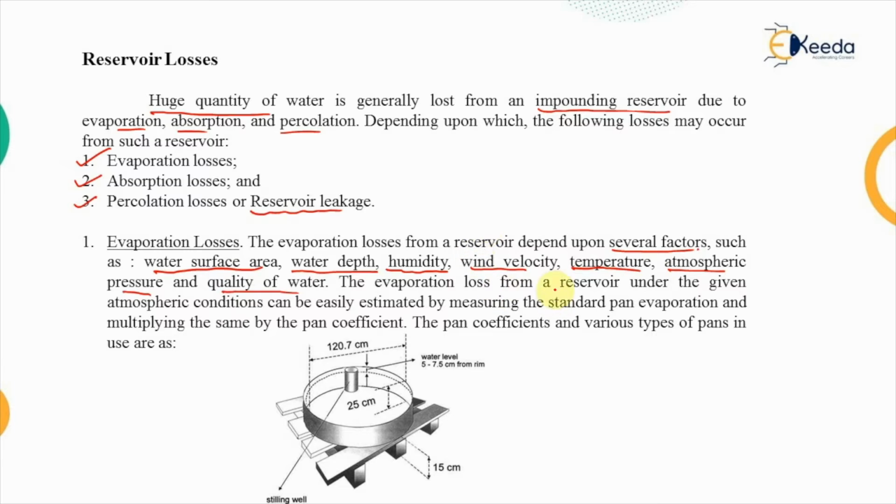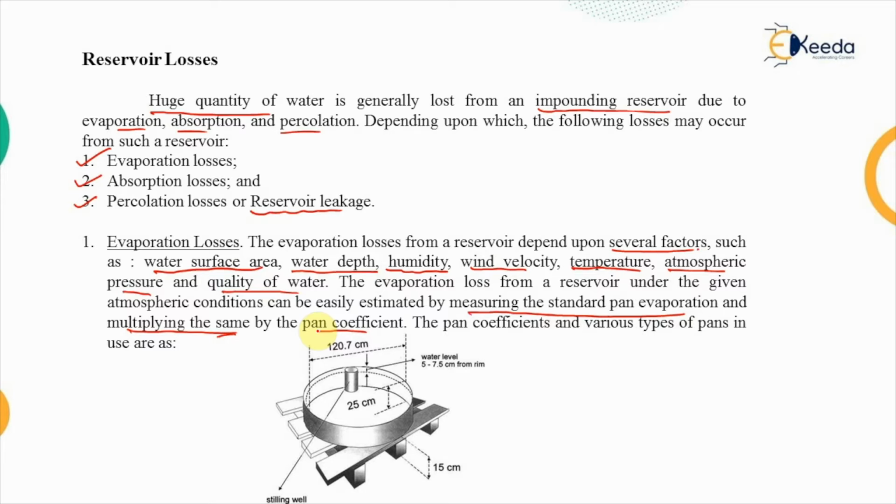Now the evaporation loss from a reservoir under the given atmospheric condition is estimated by measuring the standard pan evaporation and multiplying that value by the pan coefficient, because we cannot measure how much reduction in the water has occurred for a particular reservoir, as it is not easy to measure the entire volume of that water.